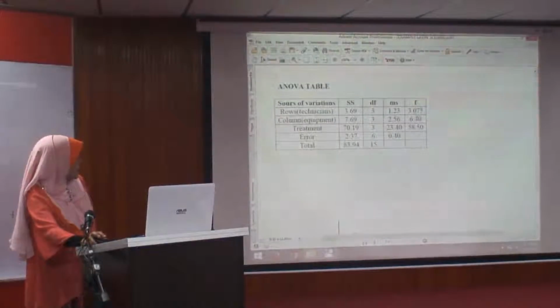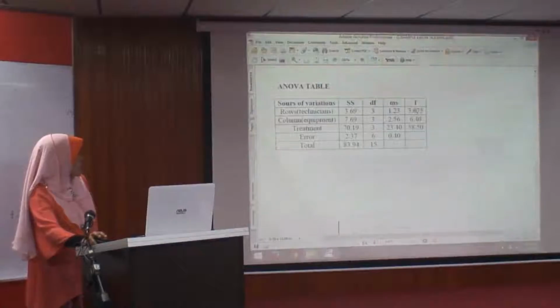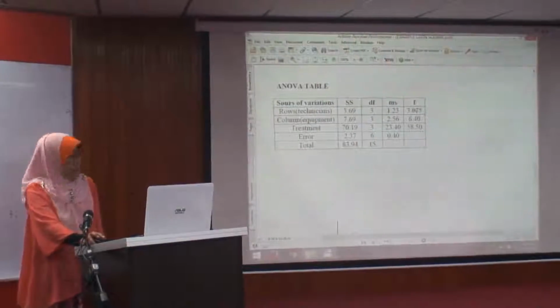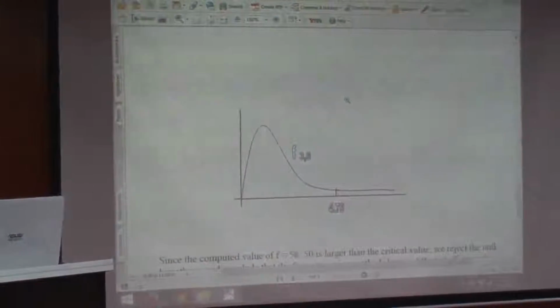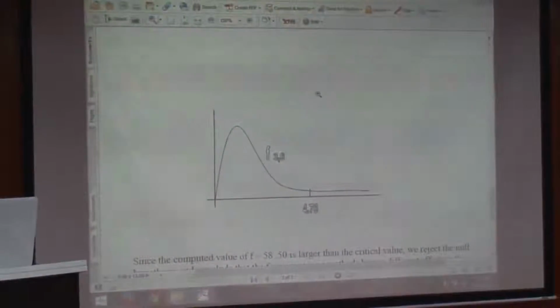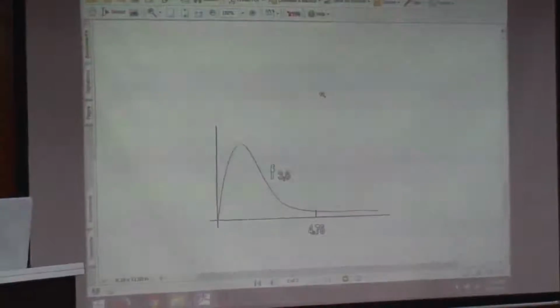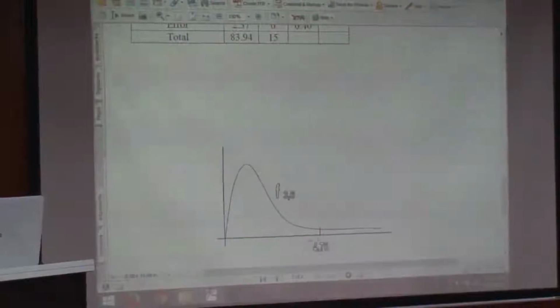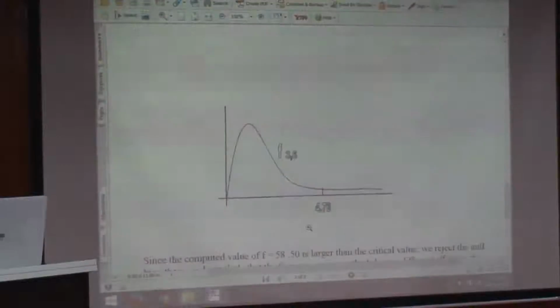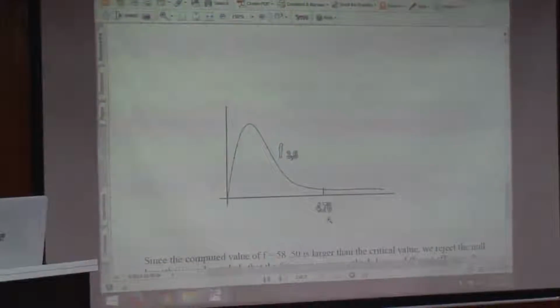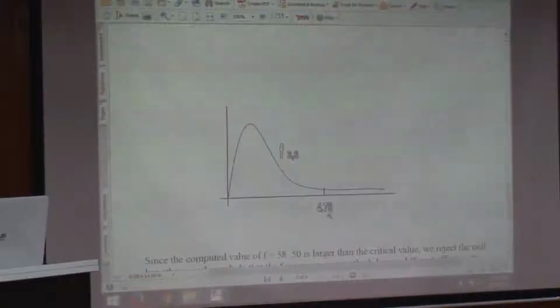These are the F values for treatment, for the column, that is equipment, and for the rows, that is the technician. And then to make a decision, I have to look at the F table with 3 and 6 degrees of freedom. This value I get from the F table, 4.76.